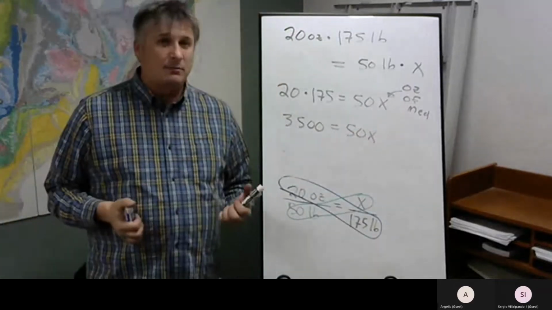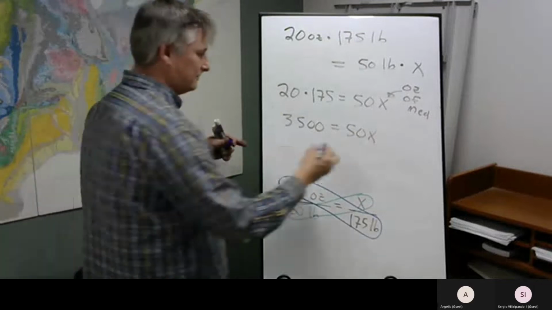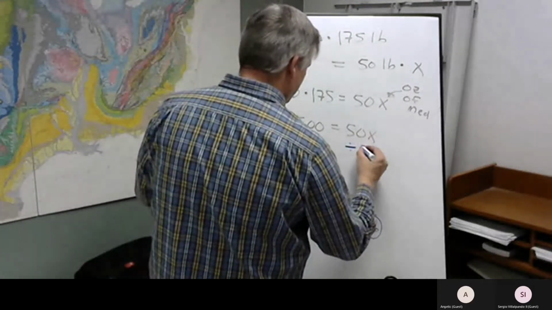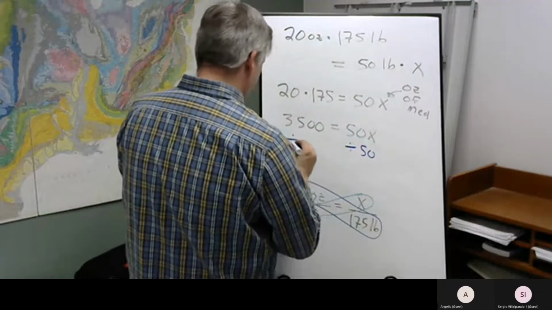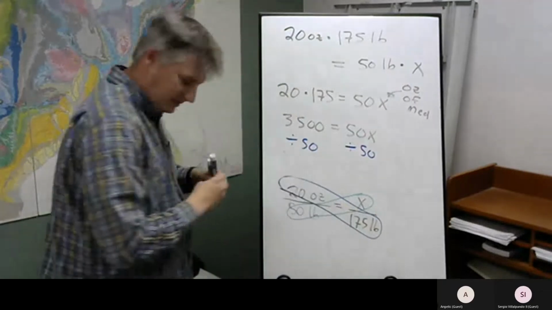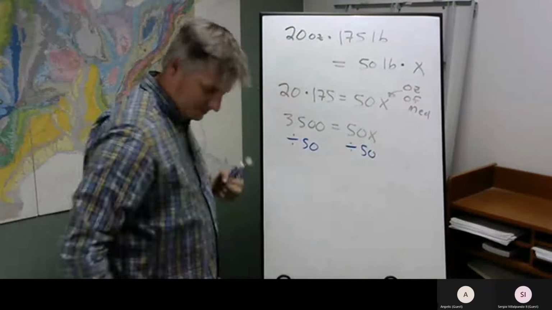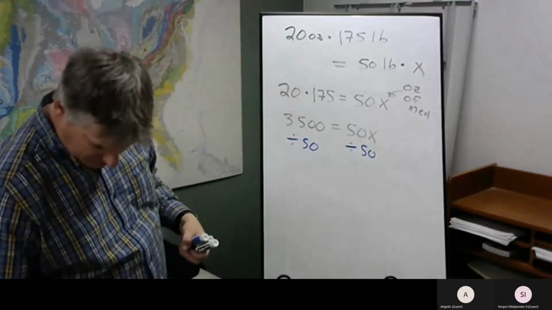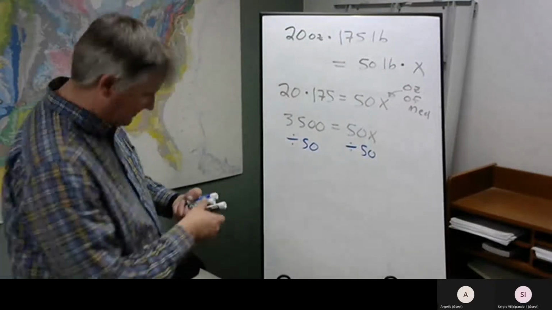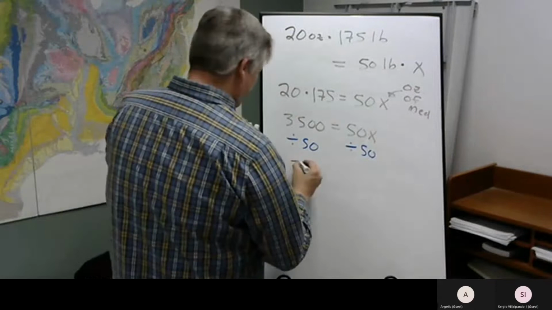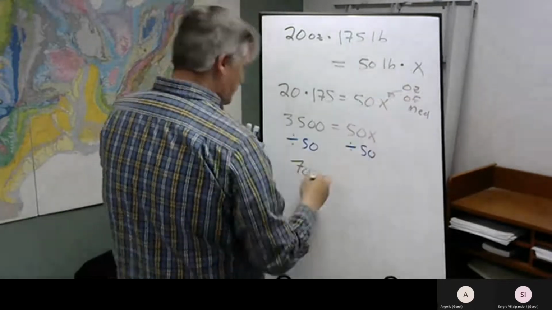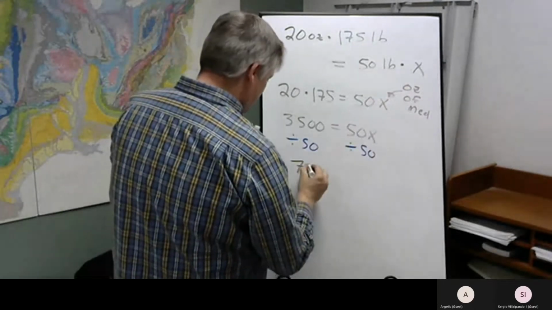So now we just have to divide both sides by 50. And so we get 70. I just want to remember it's going to be 70 ounces.